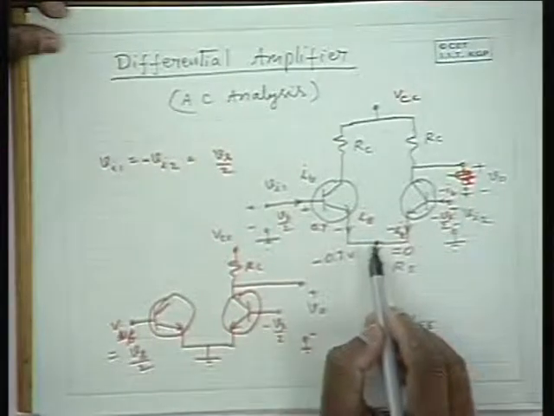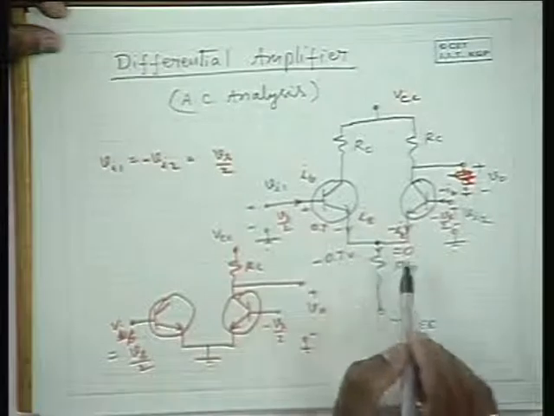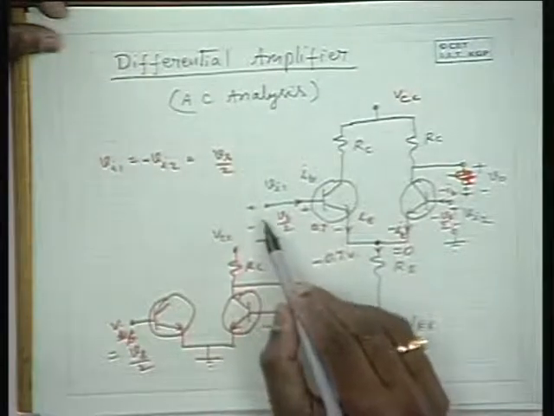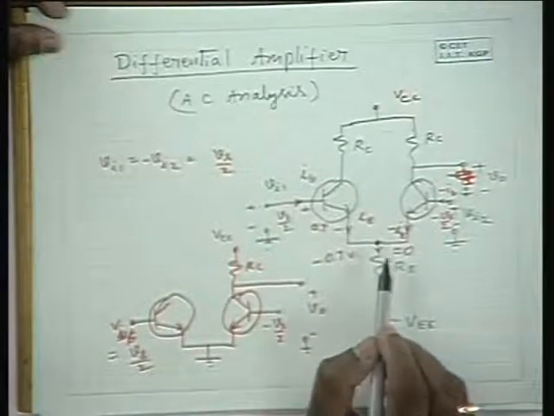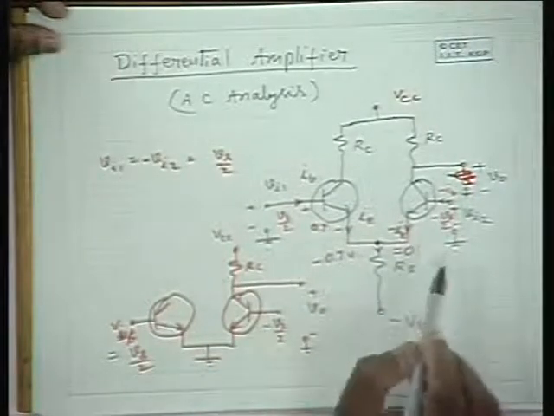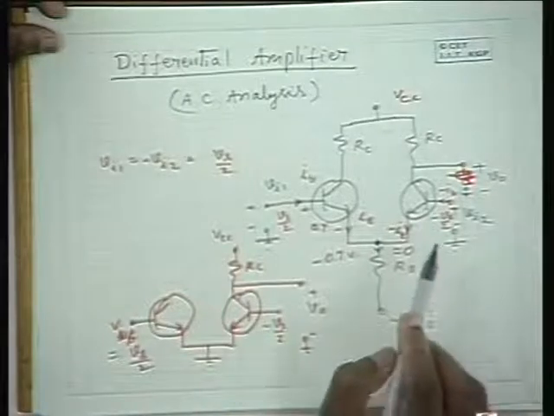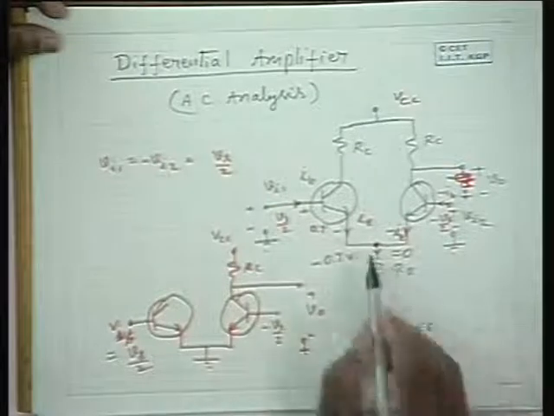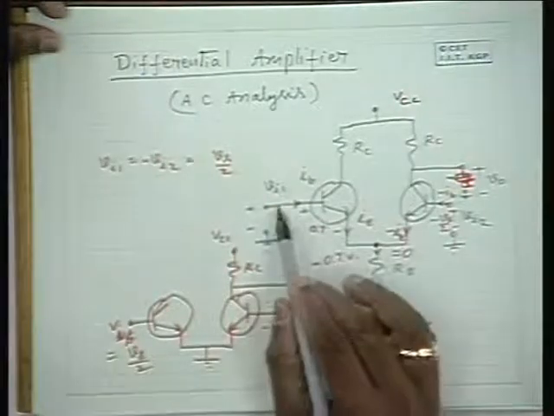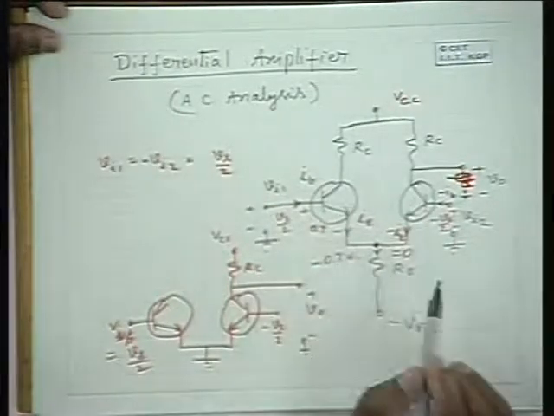Hence, this terminal voltage remains at minus 0.7 itself, and this is because of this delta. So, the base to emitter potential is 0.7 plus delta, and this is 0.7 minus delta. So, it is valid. So, this voltage remains constant, but still there is a differential base to emitter potential.